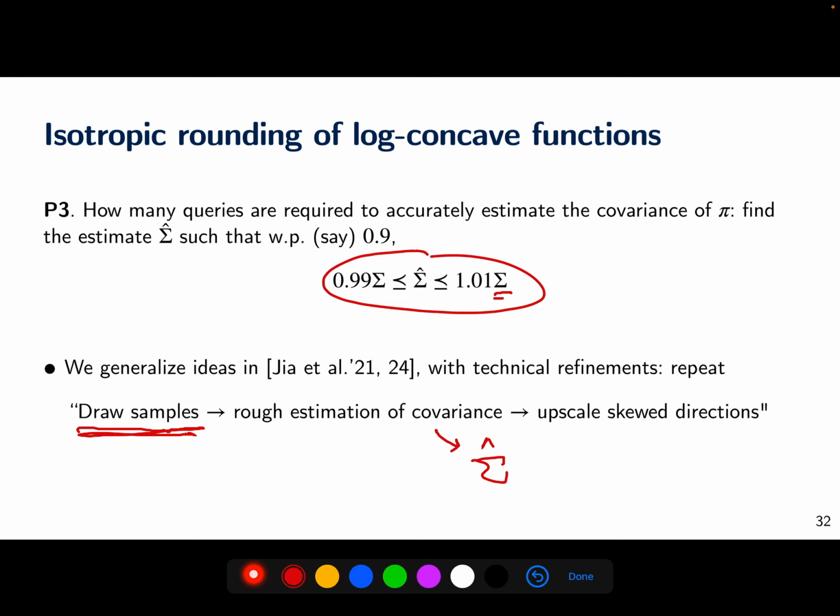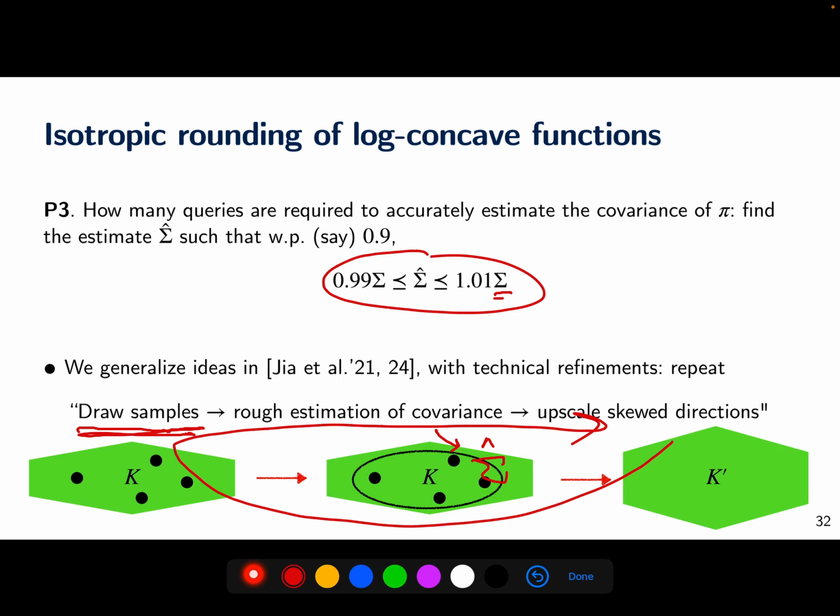And once you identify such a skewed direction, you just double that direction, that axis, and then keep on repeating. This is the overall idea of their approach. And here is a pictorial illustration of this idea. You just sample from it, estimate some rough covariance, and then upscale this direction.